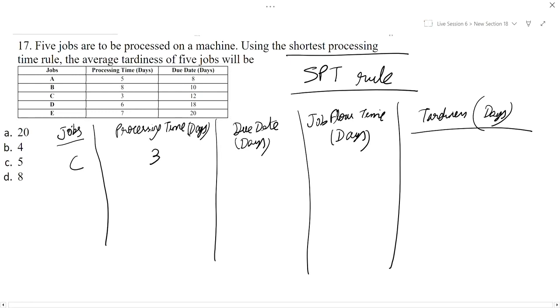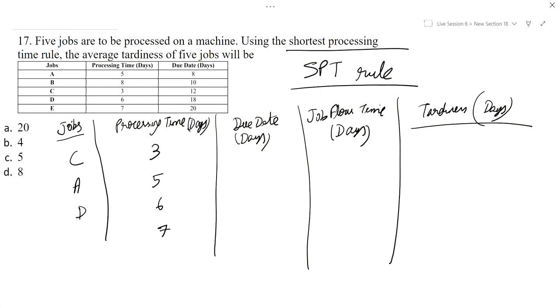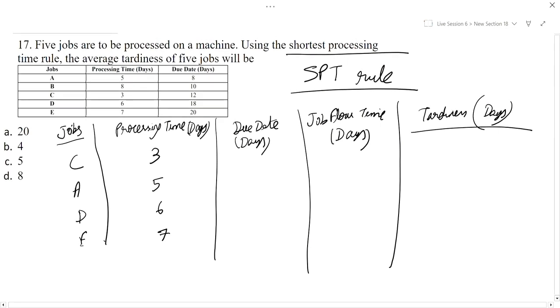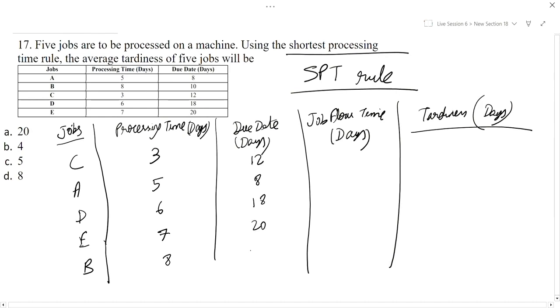Next is 5. This is for job A. Next is 6. This is for job D. Next is 7, job E. And next is 8, job B. I'll write the corresponding due date for the jobs. Now job flow time will add up.